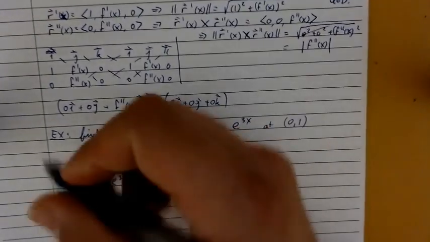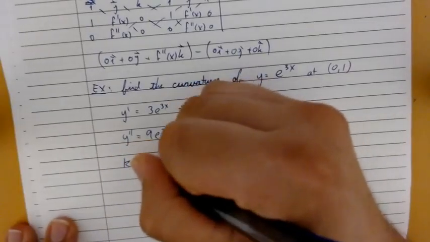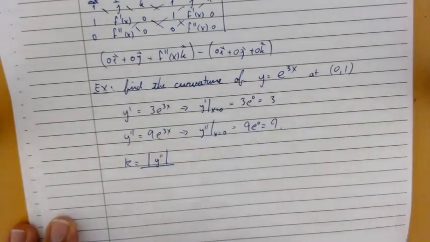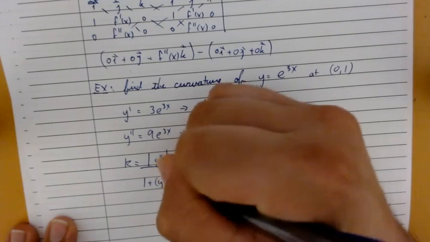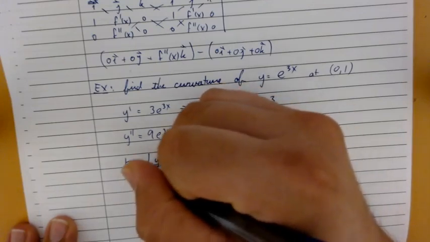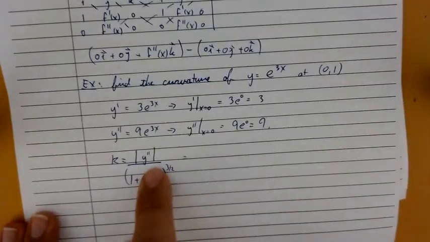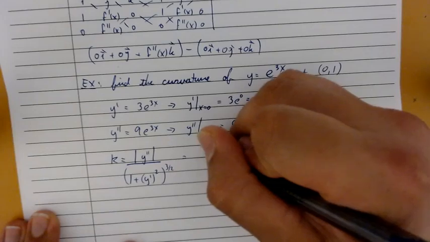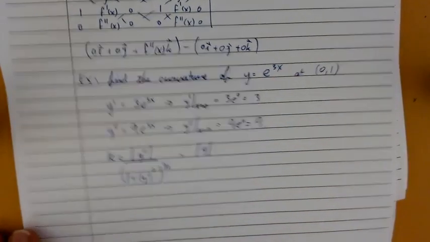So that curvature is given by, and I'm just going to rewrite this, the absolute value of y double prime over 1 plus y prime squared, all raised to the 3/2 power. Well, we have y double prime at this point is equal to 9. I'll put it in absolute values just for show, but obviously the absolute value of 9 is just 9.